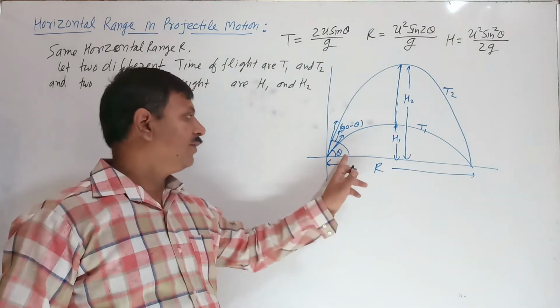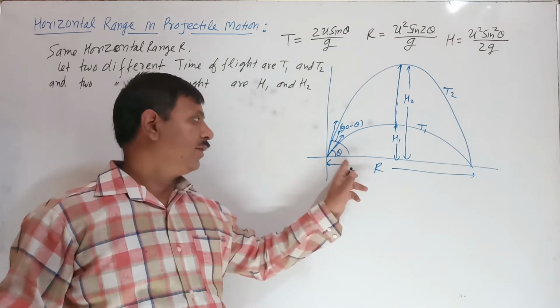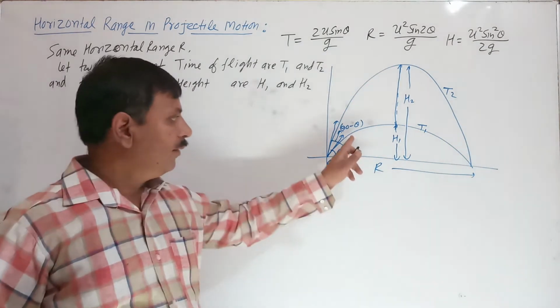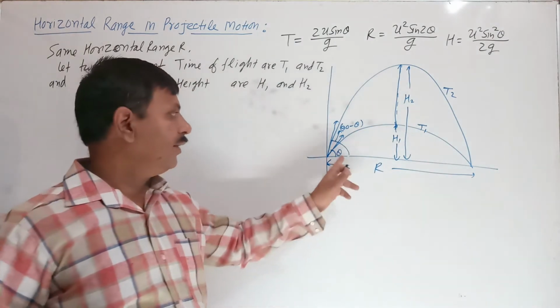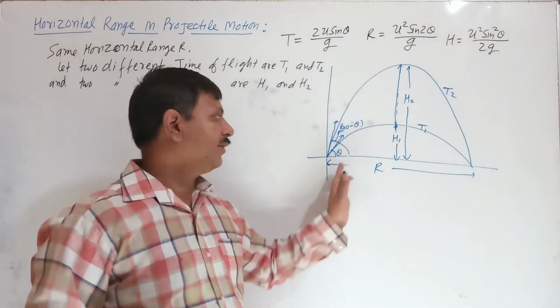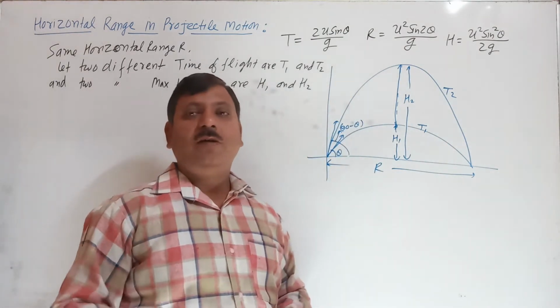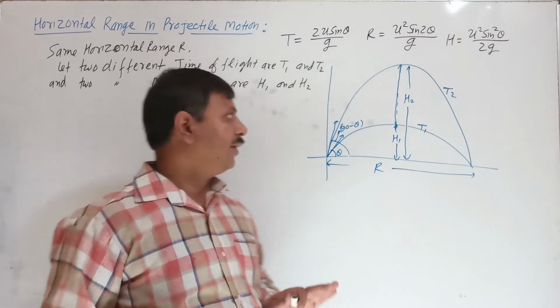For same range, angle of projection for the first projection is theta. For same range, the second projection should be the complementary angle, that is 90 minus theta.